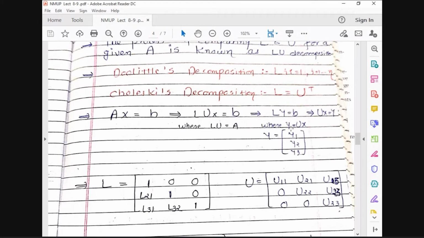I have to replace Ux by y. So what I have done? I have substituted y instead of Ux. So my new equation became Ly is equal to b, and y is equal to y1, y2, and y3, a one-dimensional column matrix, right?